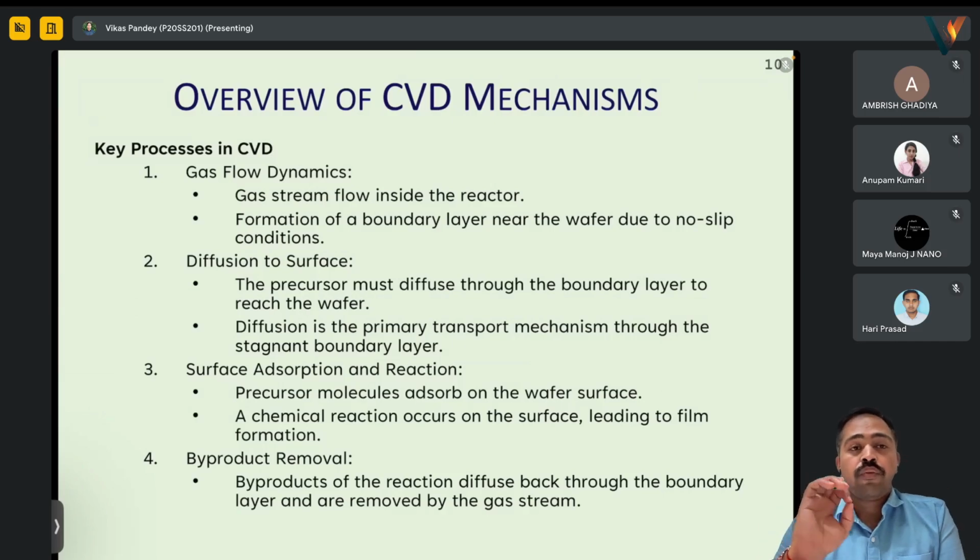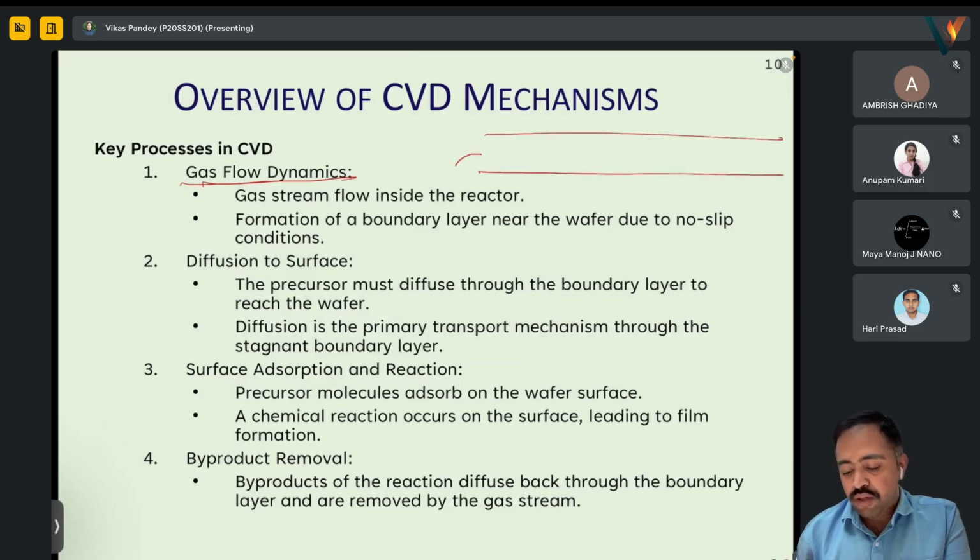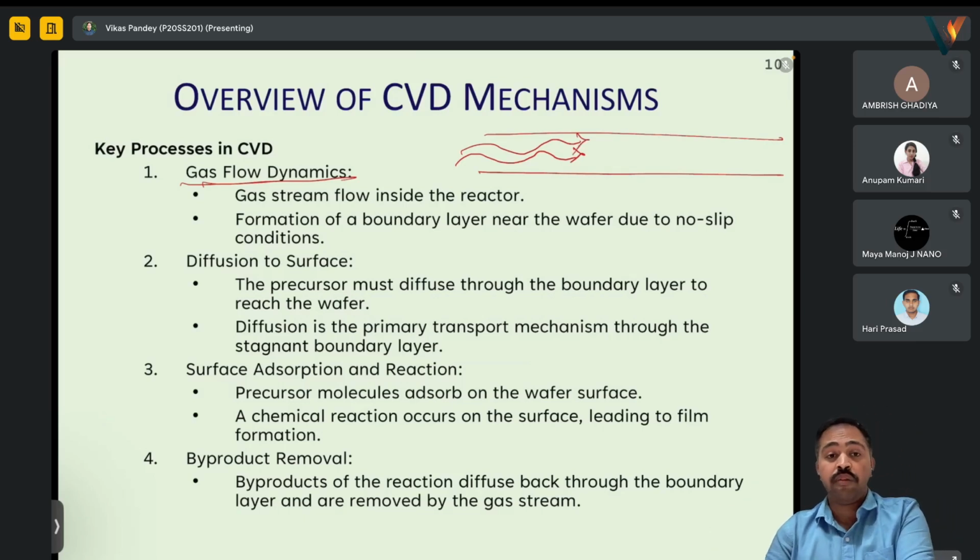So moving to the overview of the mechanism: what is the mechanism behind the CVD? So what are the key processes that happen in CVD? The first is gas flow. That is one important thing, because if we are talking about CVD, first we are talking about gas flow. How this gas flow stream will be, that is important.